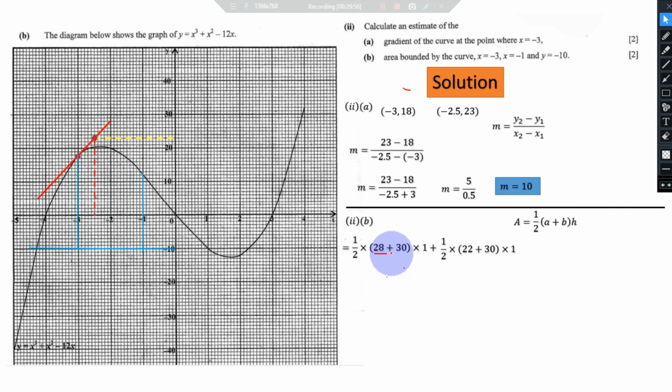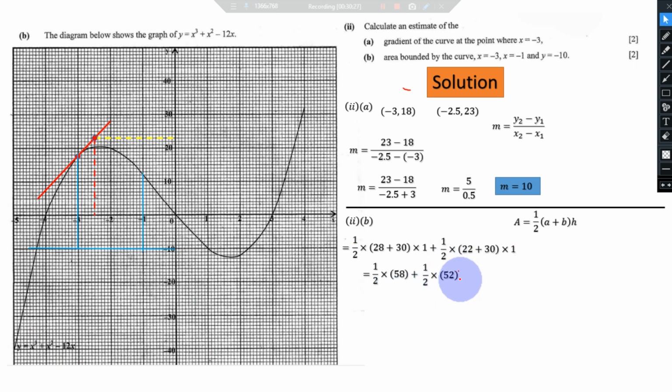So 28 plus 30, what is the answer? We have 58, good. Then what is 22 plus 30? Correct. So here if we multiply the 1 times the 1, we still have 1, no change. So we still have 1 over 2, then times 58. Same applies here: if we multiply the 1 with the 1 on top, no change, we still have 1 over 2 there.